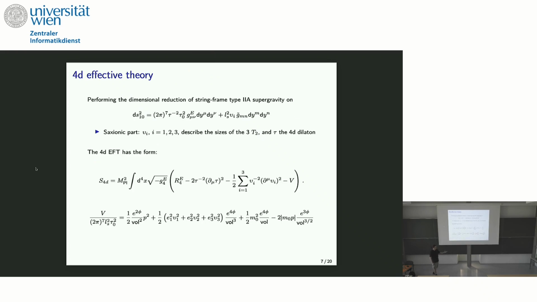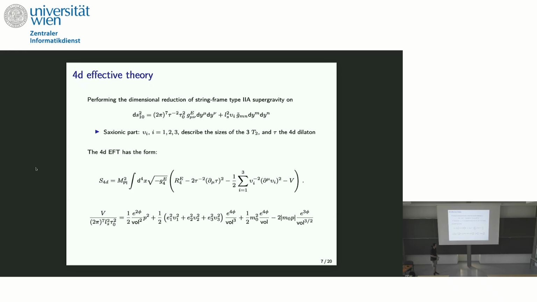So somebody can perform the dimensional reduction, start from the string frame type IIB with these ansatz, perform the dimensional reduction down to 4 dimensions, and we will focus only on the saxionic part. So the moduli that we have is just the 4D dilaton and 3 internal space moduli, which describe the T2 sizes of the internal space, of the orbifold actually.